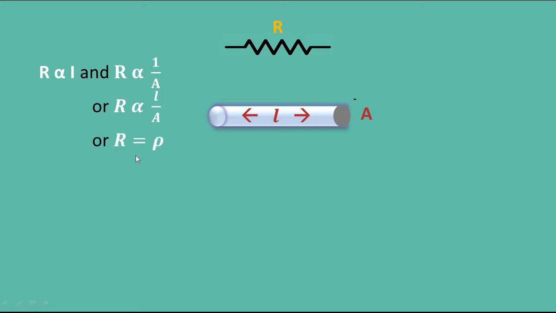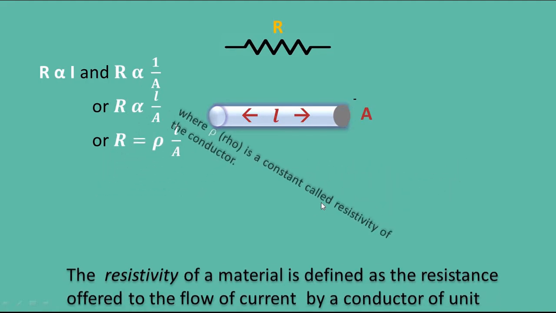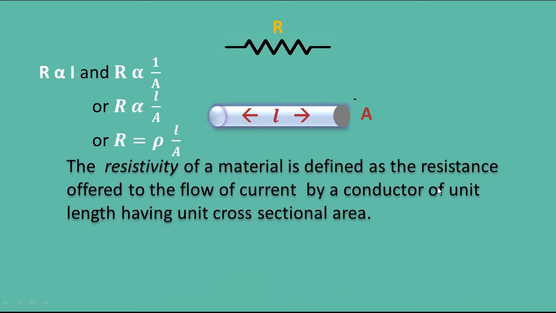Or the relation can be expressed as R equal to rho L upon A, where rho is a constant called resistivity of the conductor. The resistivity of a material is defined as the resistance offered to the flow of current by a conductor of unit length having unit cross-sectional area.